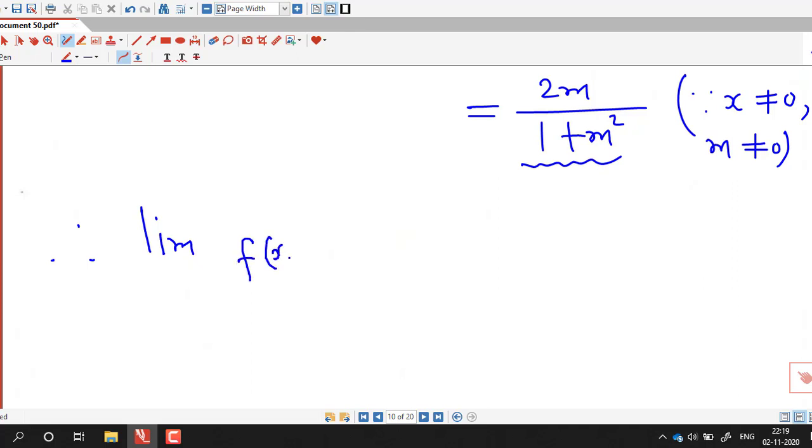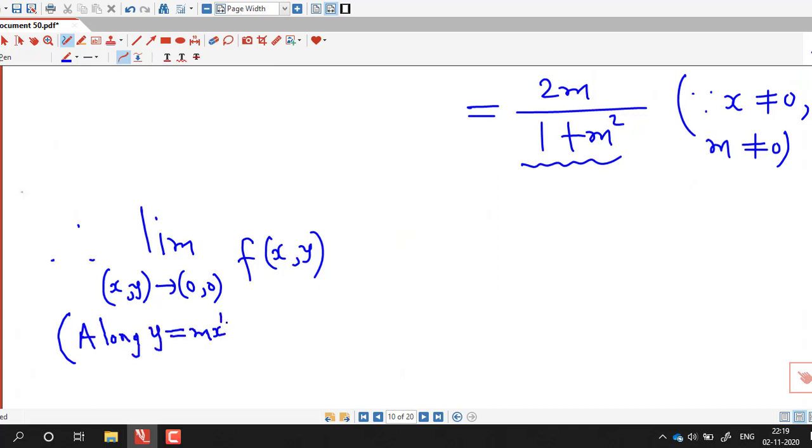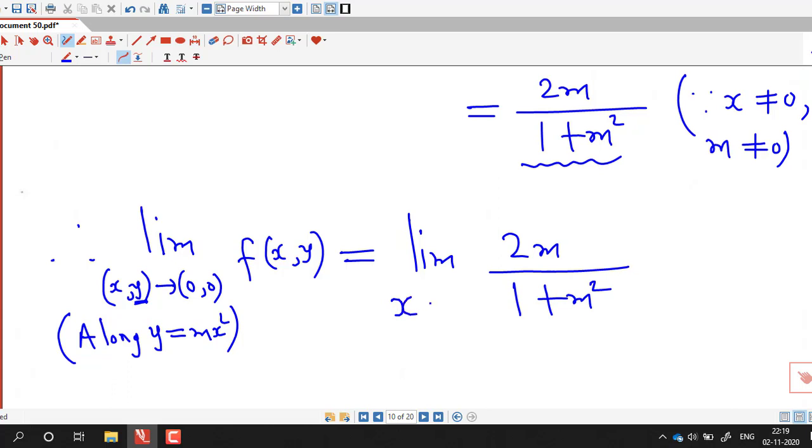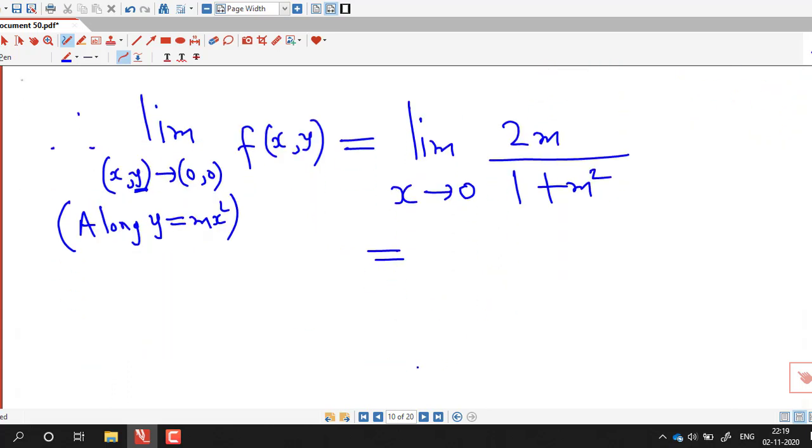So if we find out limit of f(x, y) as (x, y) approaches (0, 0) along y equal to mx square, then our function reduces to 2m divided by 1 plus m square, and if we put y equal to mx square, this will be converted into a single variable limit.